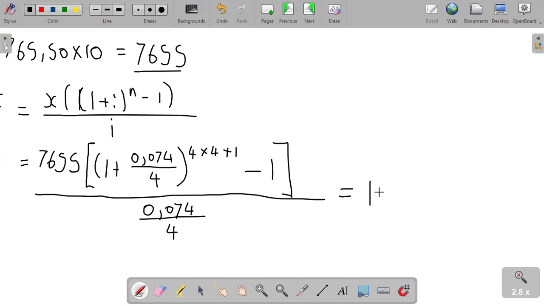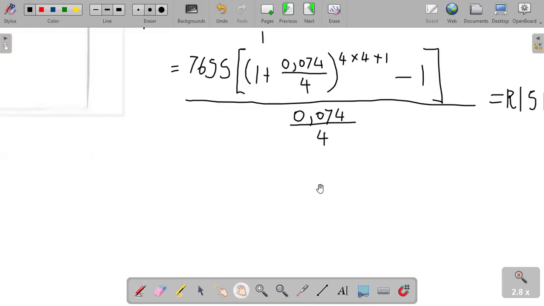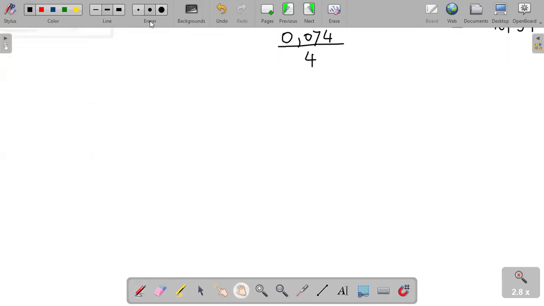It gives me 151,297.64. Okay, and then it should be R.